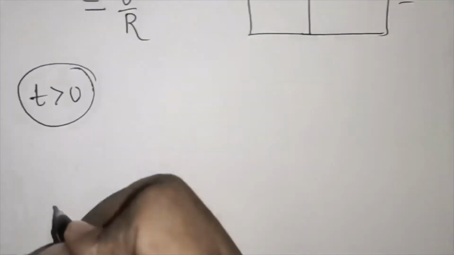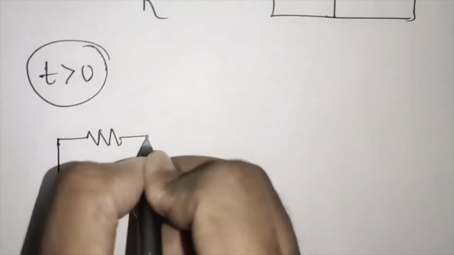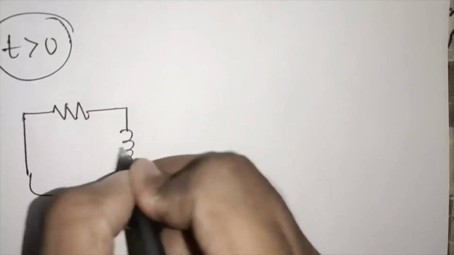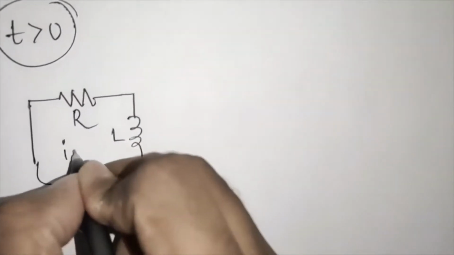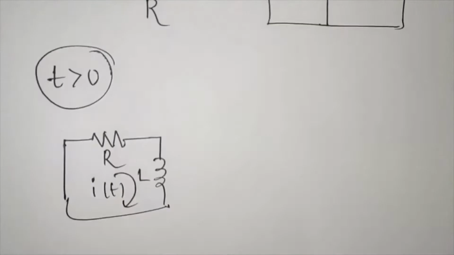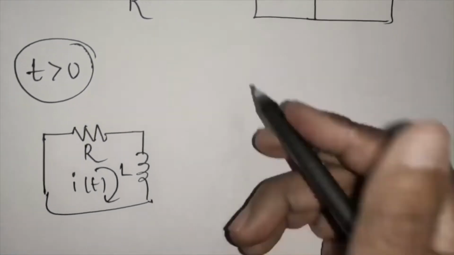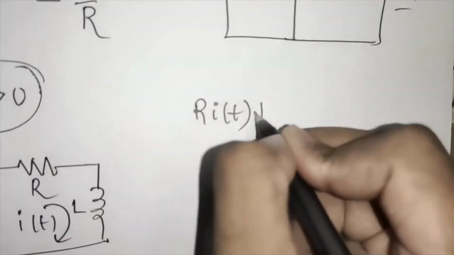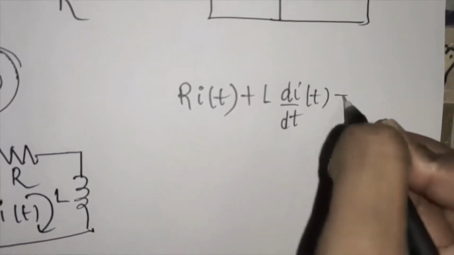you know that we will get a circuit which is R and L in series with no source, and the current is I of t. So when I apply KVL to this loop, I will get R into I of t plus L into di by dt is equal to 0.